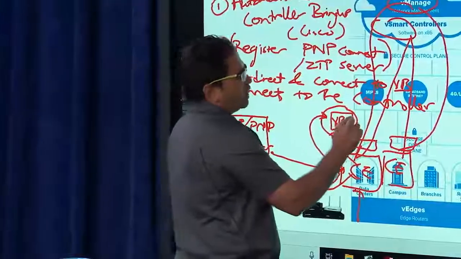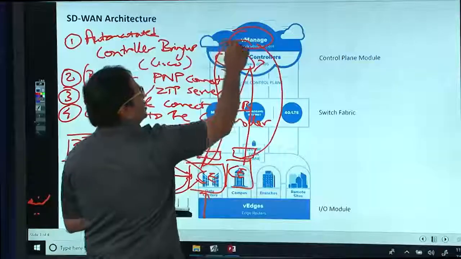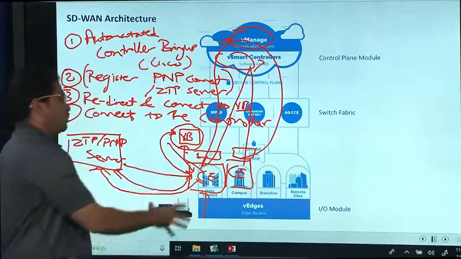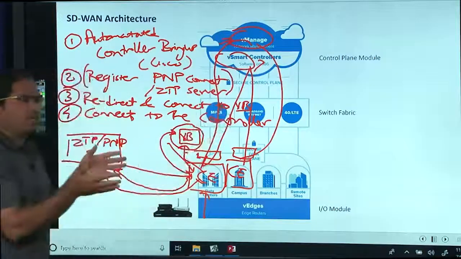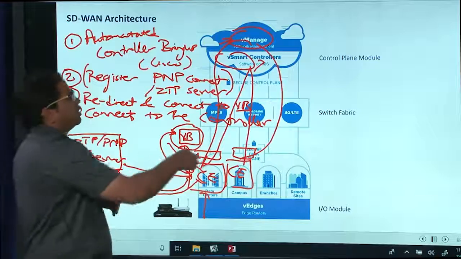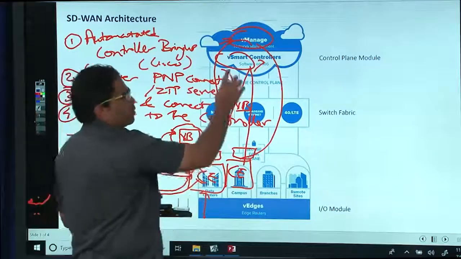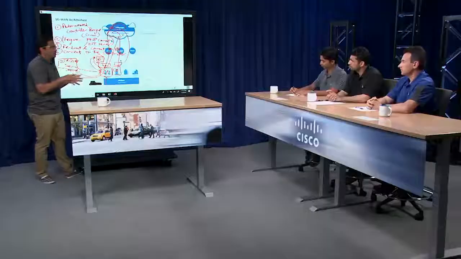These NAT mappings are then provided to the controller, the NMS, and the edge device itself. Essentially, not only the edge, even the control plane could be residing in a private network. So any NAT translations that you need in order to get through the NAT box is provided by the vBond.